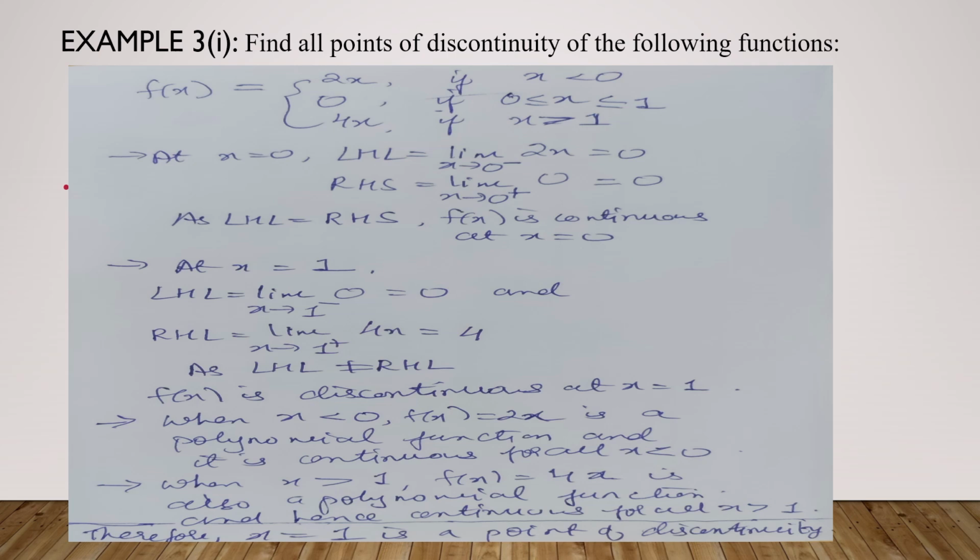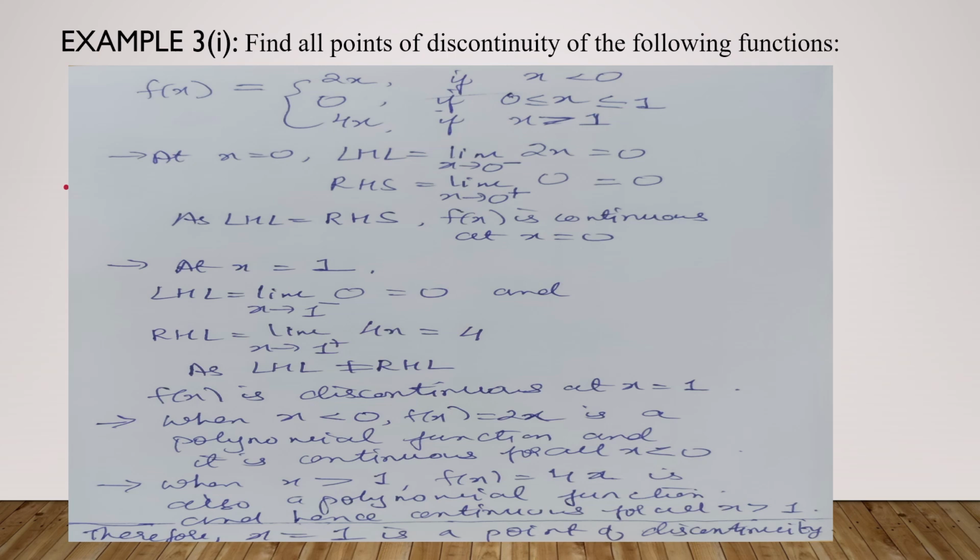Now if the x value is less than 0, f(x) is equal to 2x. Now this is a polynomial function. Remember, all polynomial functions are always continuous. So f(x) = 2x is a polynomial function and hence it is a continuous function when x is less than 0, because this is how it is defined.